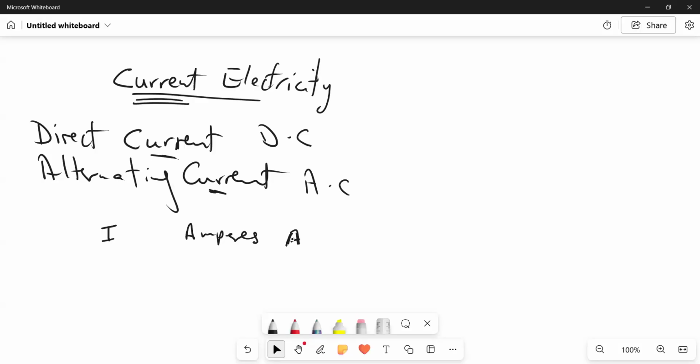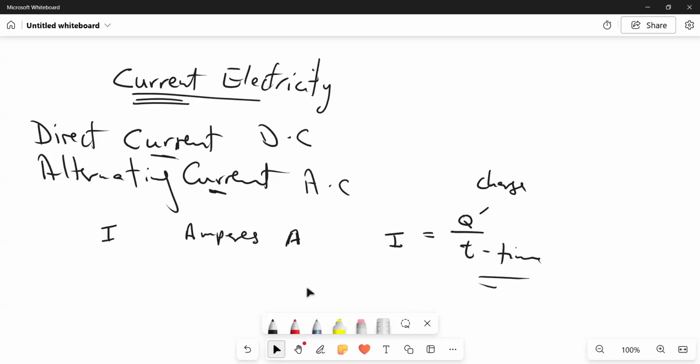Electrons carry a certain charge, and current is the rate of flow of charges, where Q refers to the charge, and this is time. But we're not going to get into so much of that. We're just doing the basics.